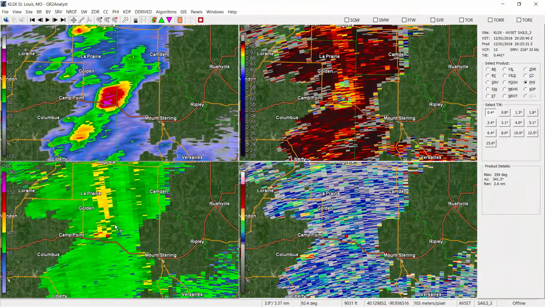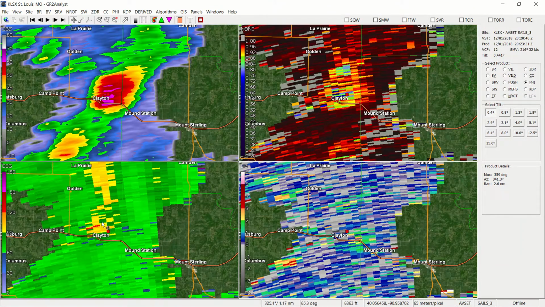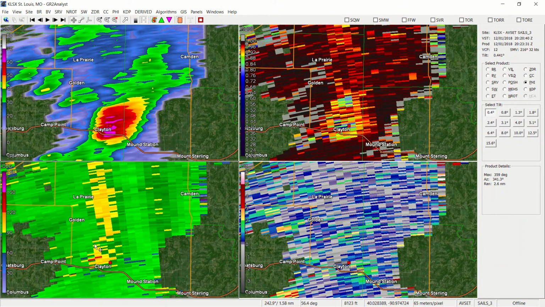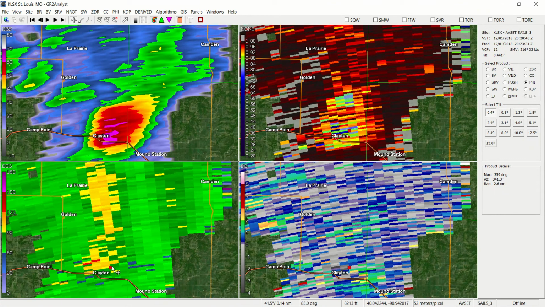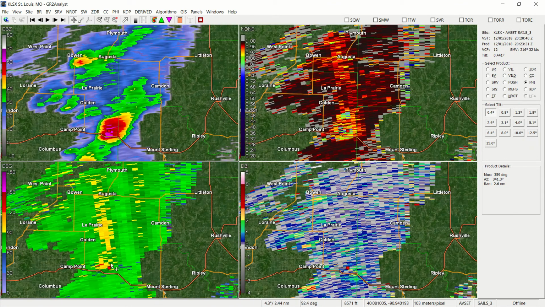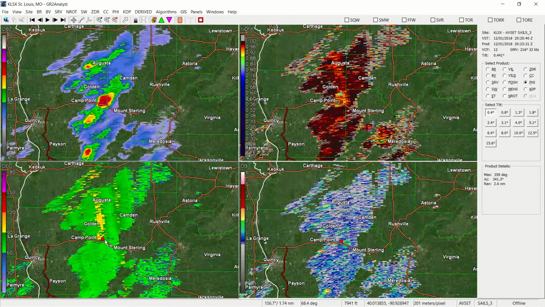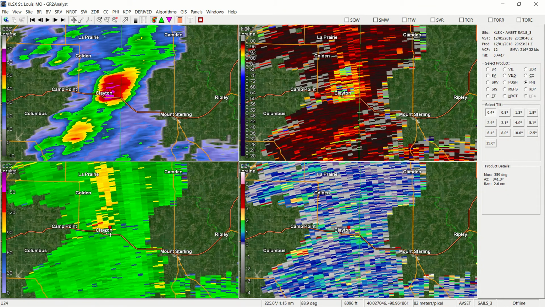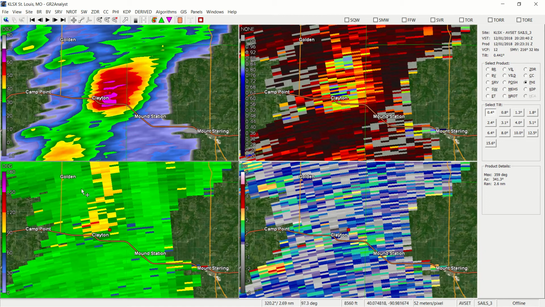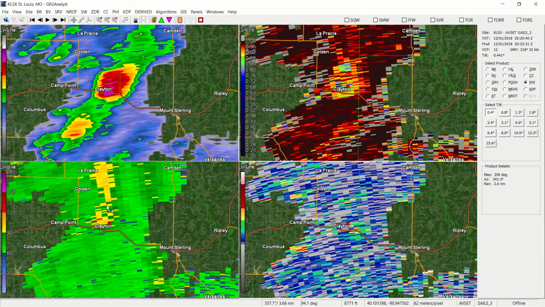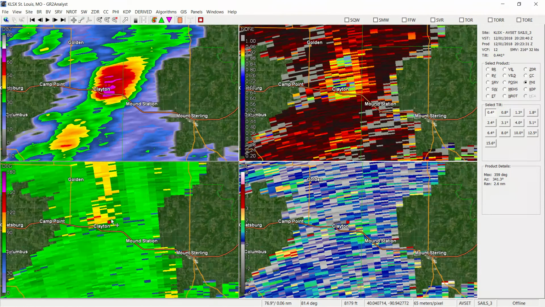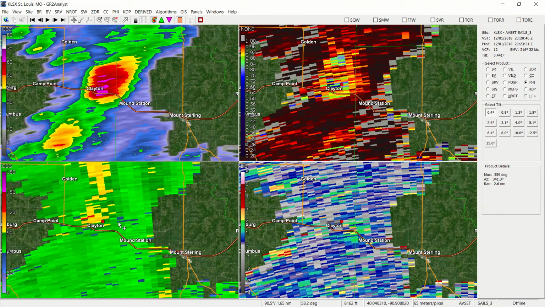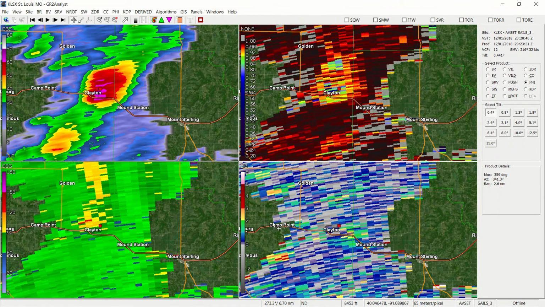Things like hail are going to attenuate both of those beams really well, so you'll see what looks like a spike in attenuation. This gives you an idea of how much or how big the hail is. Stronger attenuation would mean that we have stronger or larger hail fields in that particular area.